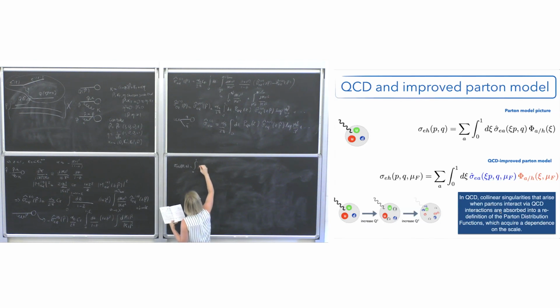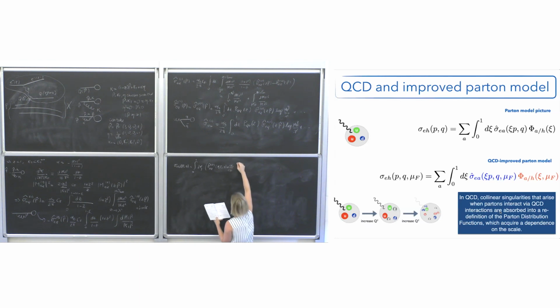On d xi here, and then I have sigma. Instead of that sigma, I put the sigma hat that I computed, which gives me sigma naught EQ of xi P, plus alpha s over 2 pi, C_F, the integral dz P_qq of z, sigma hat naught EQ of xi z P, right?